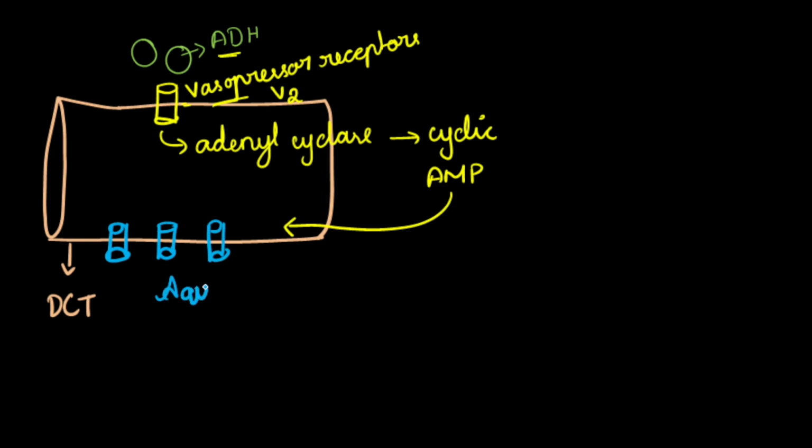These are also simple membrane proteins, and they act as water channels. The cyclic AMP activates them and makes the distal convoluted tubule water permeable. Once it becomes water permeable, water will be reabsorbed through the DCT and collecting duct. So this is the exact process.